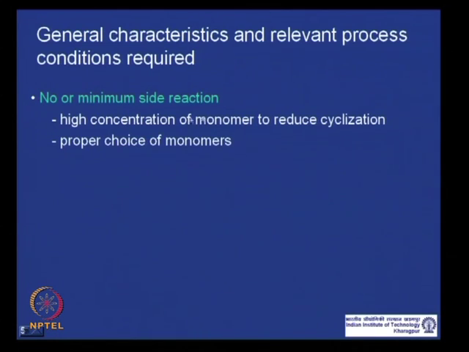And as we have seen, to reduce cyclic molecule formation, it is preferred that we do the reaction in high concentration of monomer. We have seen earlier today that it is always preferred to have the monomer present in high concentration, so that we can reduce the cyclic formation.